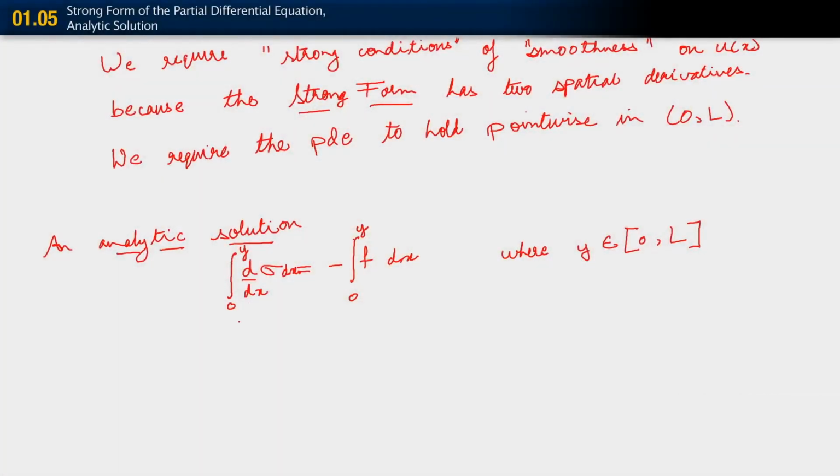Because we want to maintain a general solution applicable at any point, right? And that's why we don't take the upper limit all the way up to L. Okay. This again is completely straightforward, right?